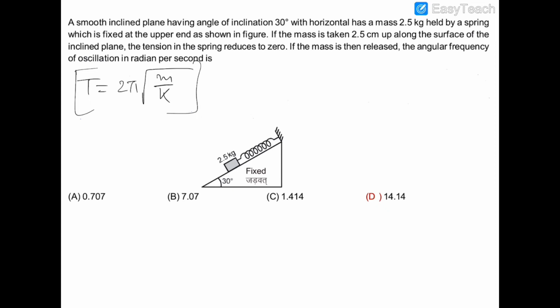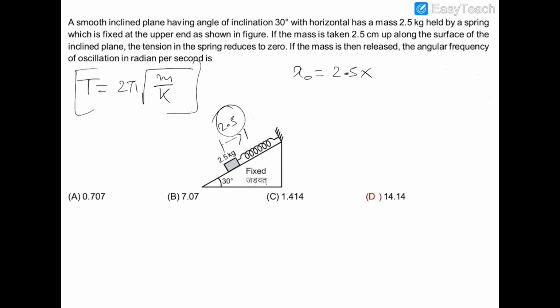But we have to find out this k. We can find this k by the information which is given in the question. When we are displacing this in the upward direction by a distance of 2.5 centimeter, then the spring comes back to the relaxed state, which means that this 2.5 centimeter is the equilibrium extension of the spring, and therefore x naught is equal to 2.5 centimeters.